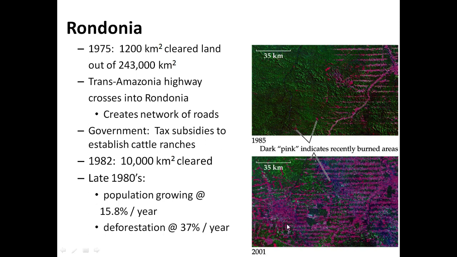By 2001, in 15 years, most of the image is pink. So less green, more pink. They basically converted most of the landscape into logging operations, shifting cultivation, and things like that. And this is happening all over the Amazon, mainly in the edges of the Amazon.